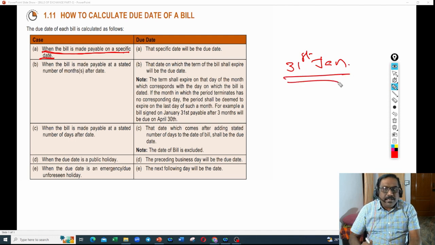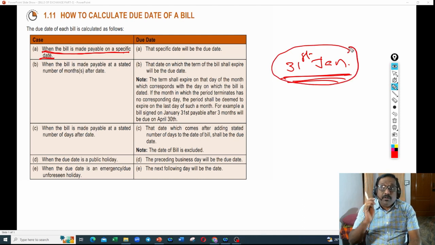On the bill, it is very clearly mentioned that the drawee has to pay the bill amount on 31st January. That means a specific date has been mentioned on the bill stating that the drawee has to pay the bill amount on this date. This is called a specific date.